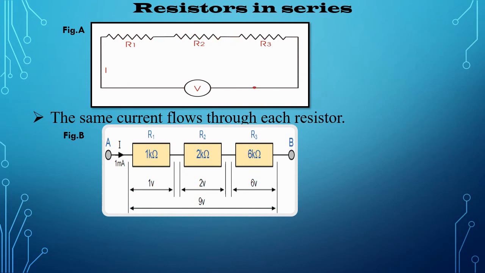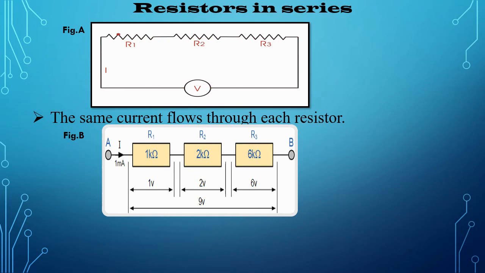The potential difference across the resistor R1 is 1 volt, across R2 is 2 volt and across R3 is 6 volt.